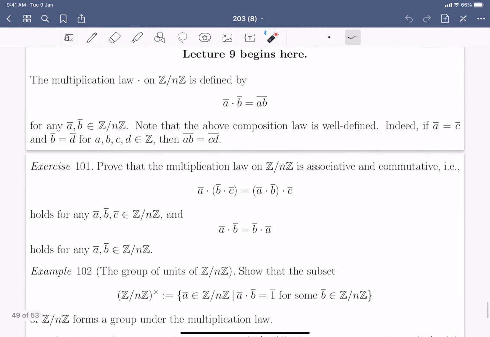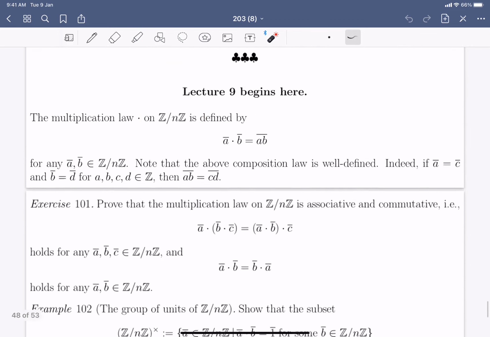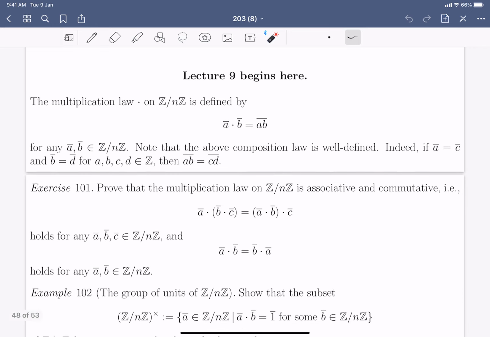Great. So let's again get started with the group Z mod nZ. On this, one can also define something called the multiplication law following the same strategy. You take two equivalence classes, and then you define their product to be the equivalence class of the product of two representatives of these two classes.